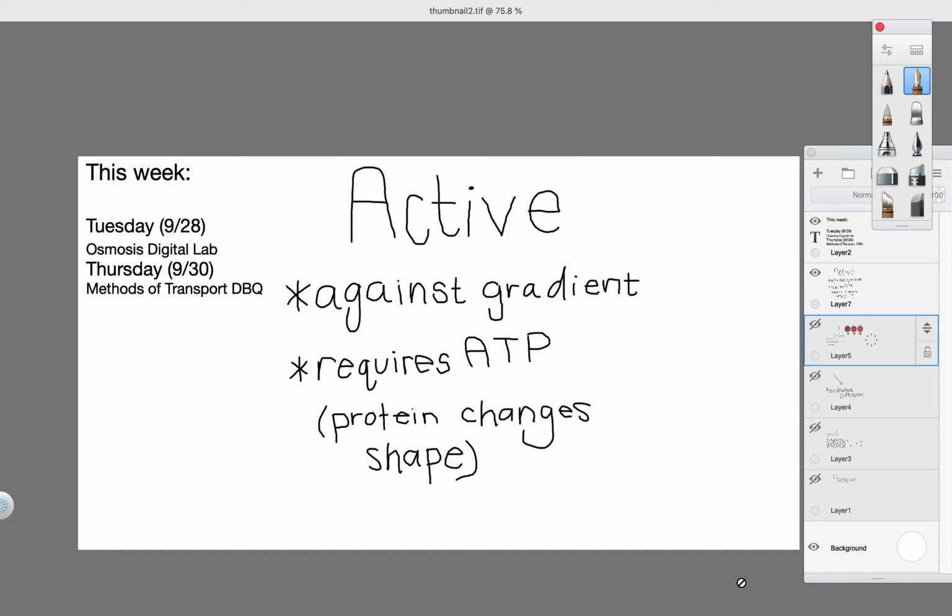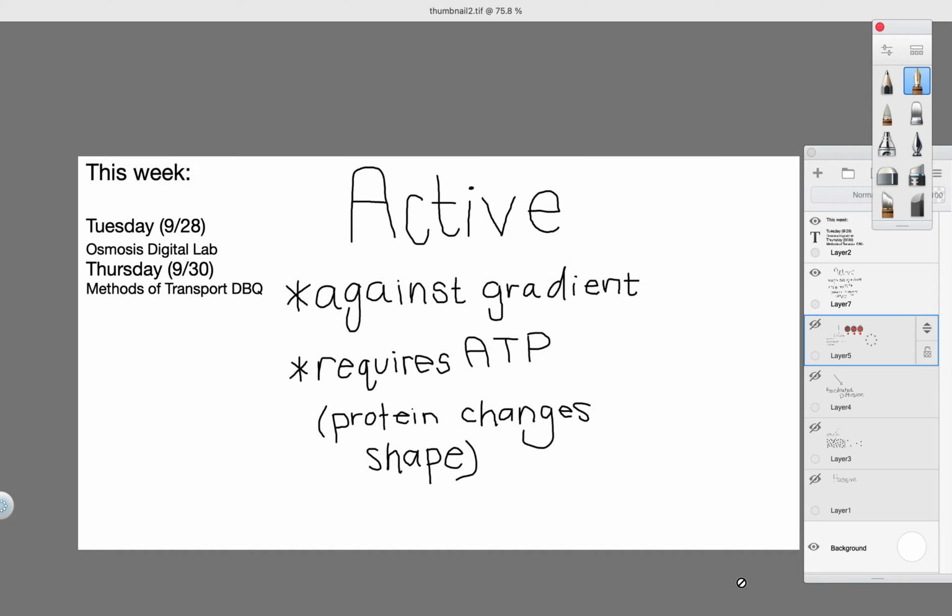Active transport is going to be significantly different from passive transport because it is going to require ATP energy. So ATP energy, we talked about it last year, but let's just review. The main thing to remember with ATP energy that I could foresee questions being about is the need for oxygen.